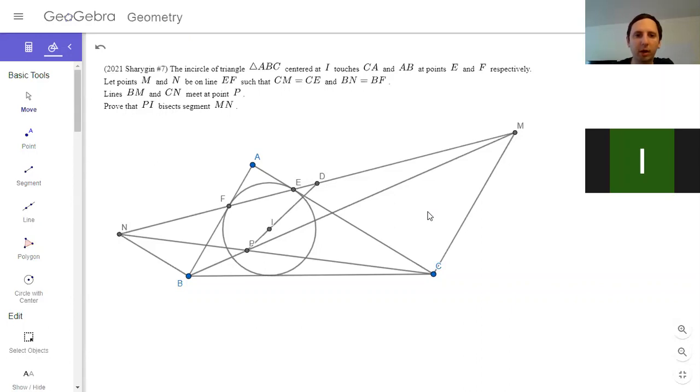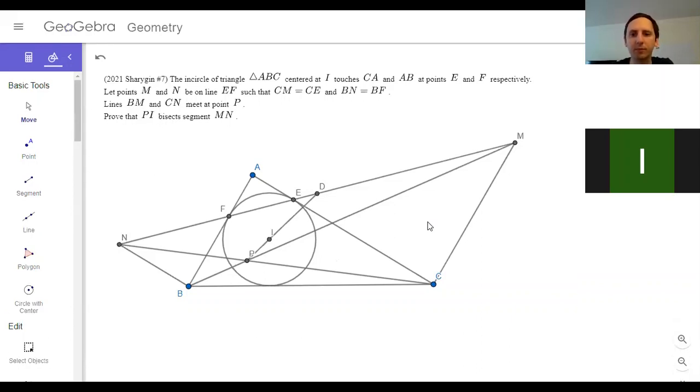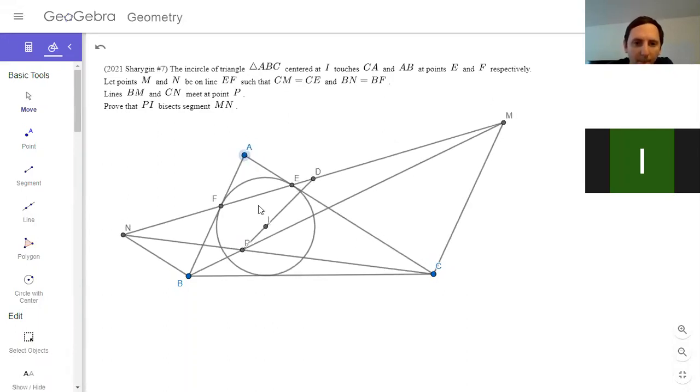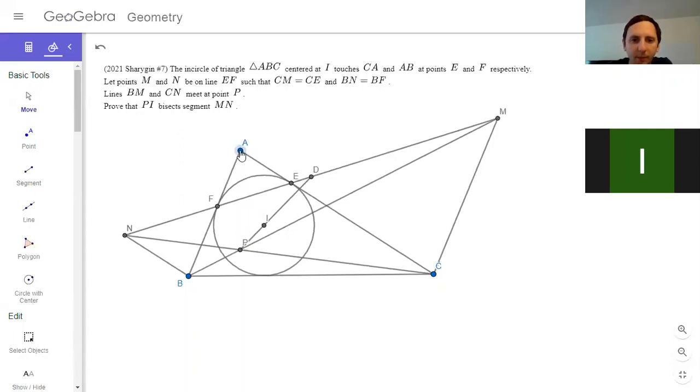Okay. PI bisects MN. It almost looks like, no, PI can't be parallel to CM. That would break symmetry, basically. Yeah. So there's a solution with just angle chasing. That's what Arabian Math is saying.